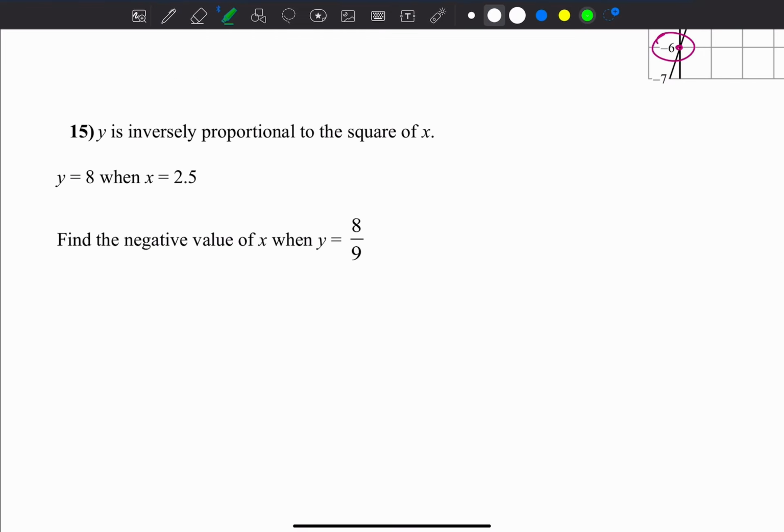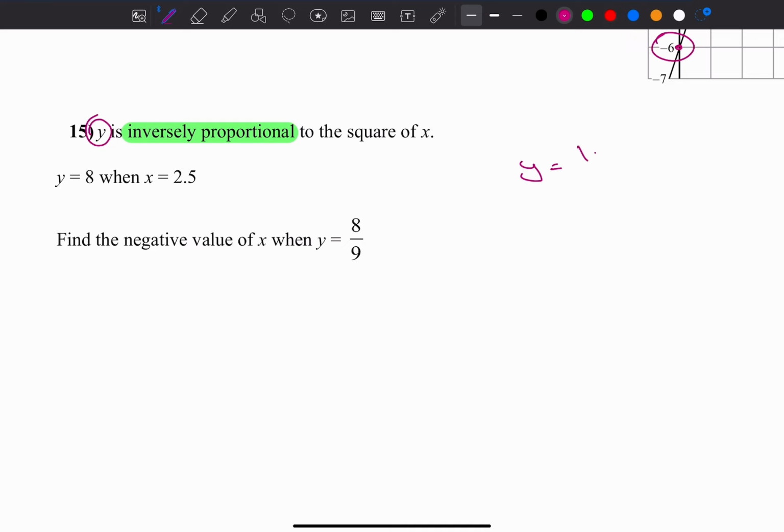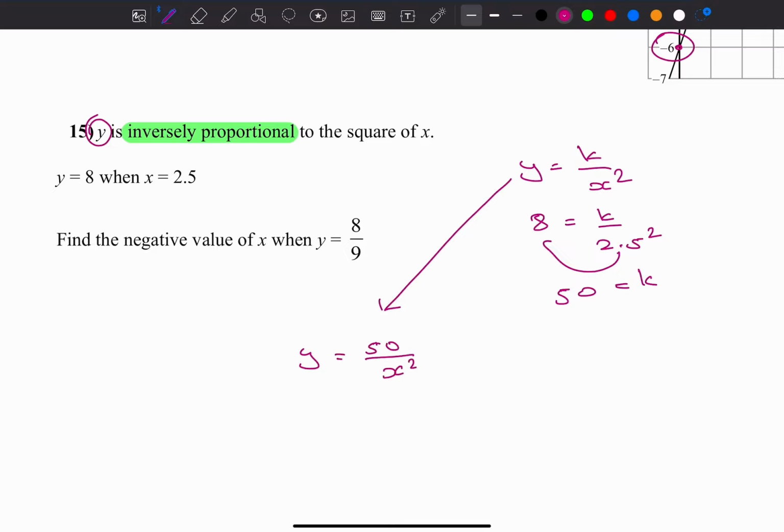The keyword inversely proportional means k over. Y equals k over x squared. Y is 8 when x is 2.5, so 8 equals k over 2.5 squared. I don't know what that is, but multiply it. K is 8 times 2.5 squared, which is 50. Rewrite this equation: y equals 50 over x squared.